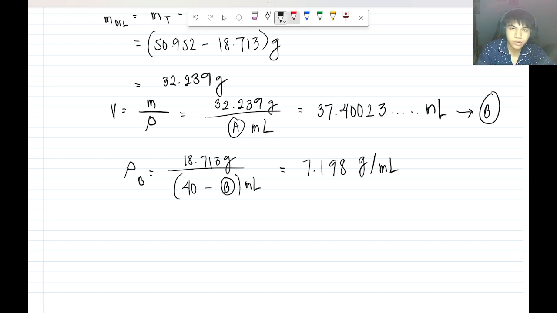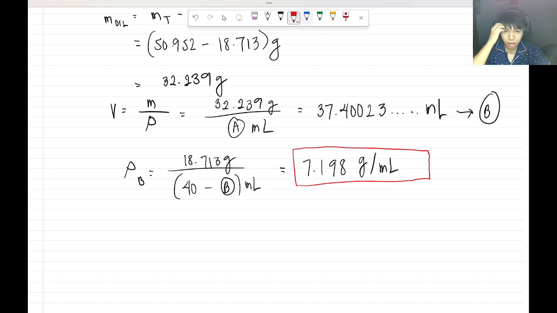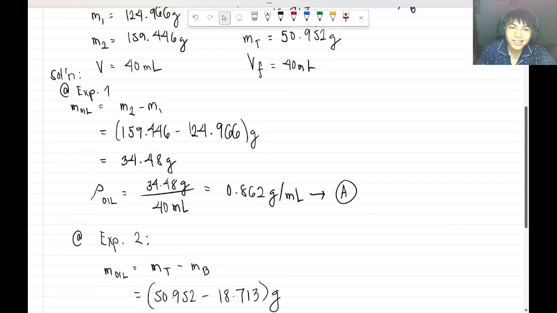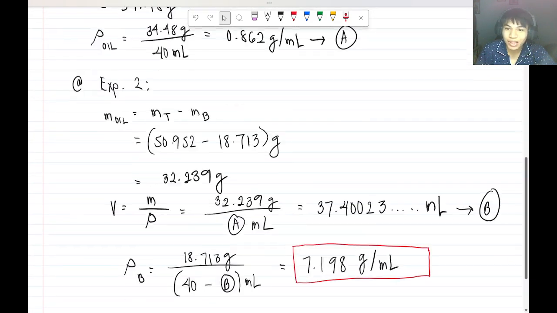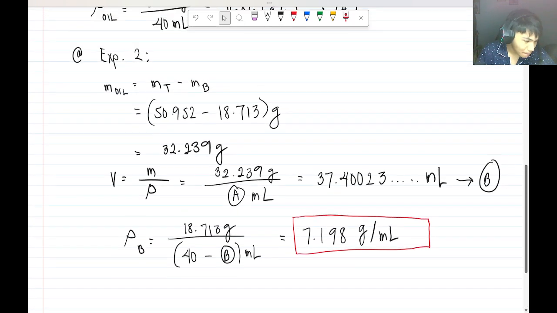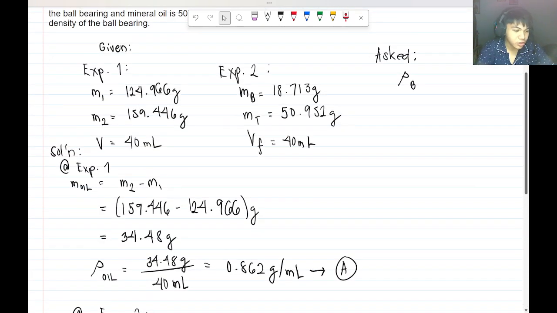Okay, so this is our final answer here. So the density of the metal ball bearing is approximately 7.198 grams per milliliter. Well, if you have other answers, please do let me know. Maybe I made a mistake somewhere. But I guess this would be the answer. Our process is logical anyway.